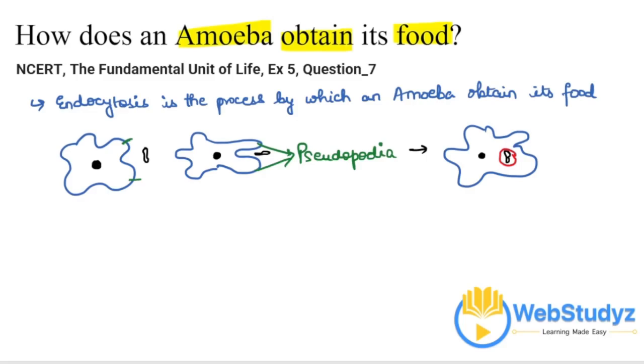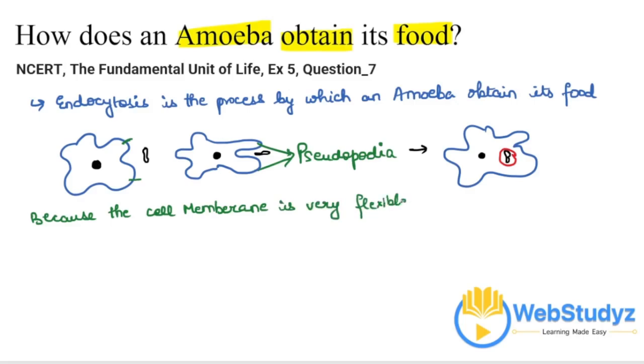Moreover, because the cell membrane, this outermost portion, the blue one, is our cell membrane. The cell membrane is very flexible.